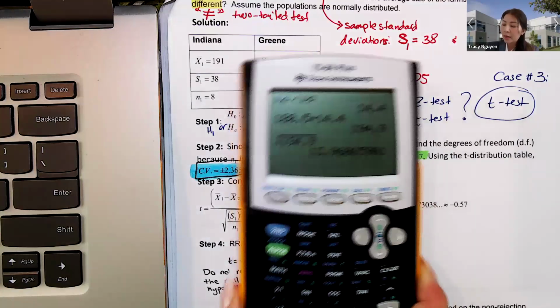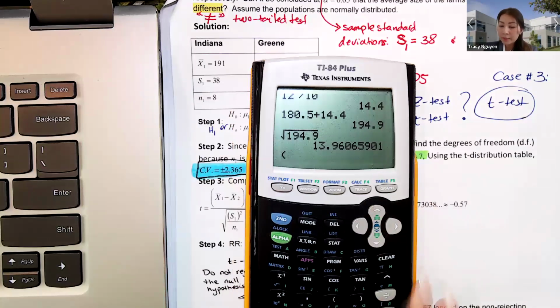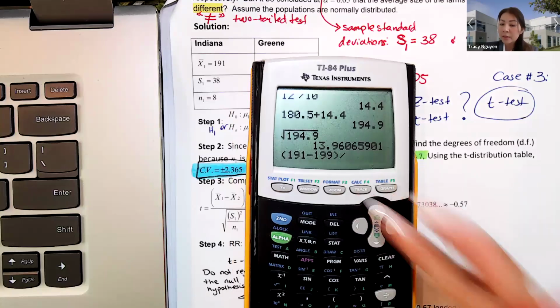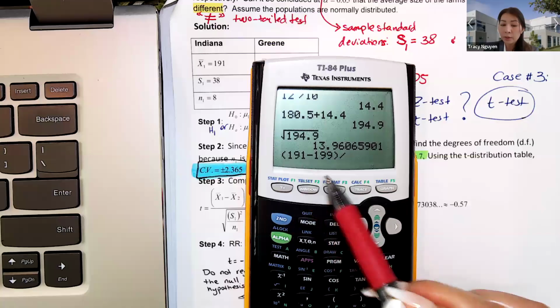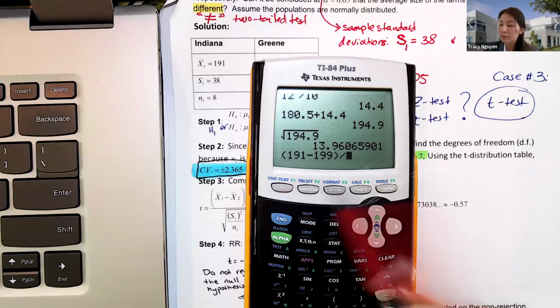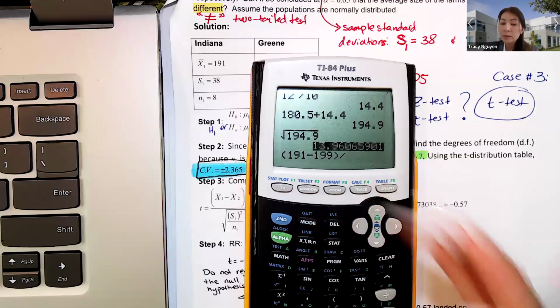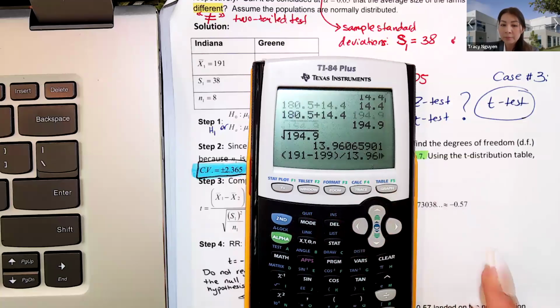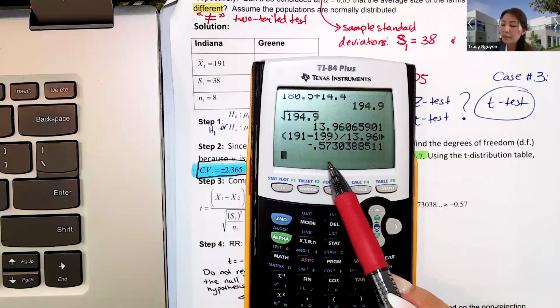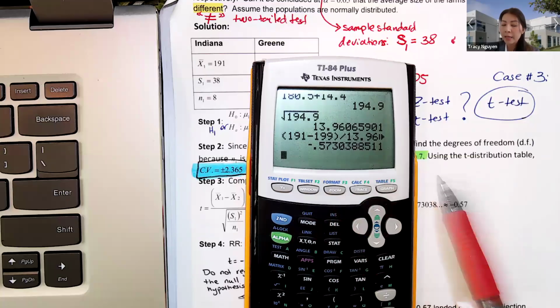For the numerator, I'm going to do open parentheses, 191 minus 199, close it, and divide it by the answer from the denominator. So don't press enter. You can press enter to get the value here, but it's more convenient to just go on with your computation. Then this gives us negative 0.573 and so on.